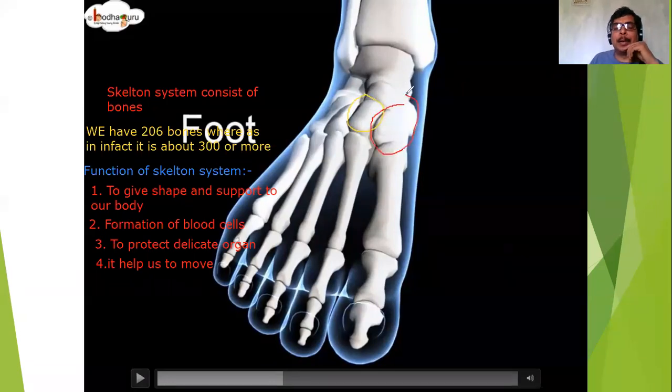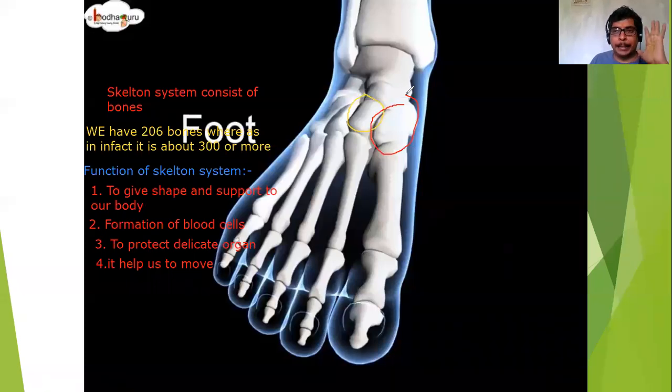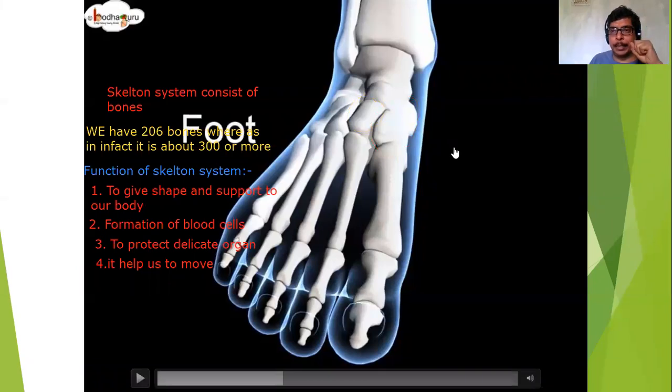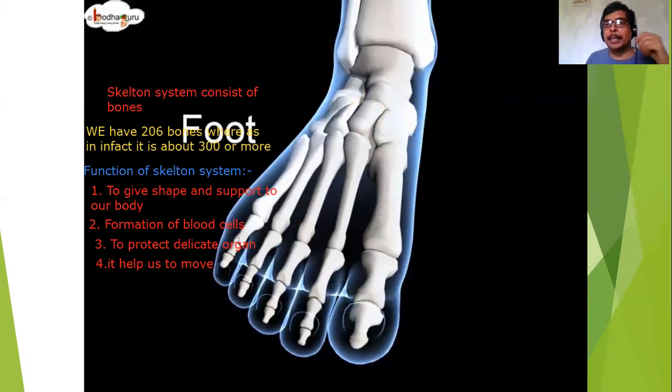The body parts like the hand, the feet and the ear consist of small bones. As you have seen, the feet contain small bones, the hand also contains small bones, and the ear also contains small bones.